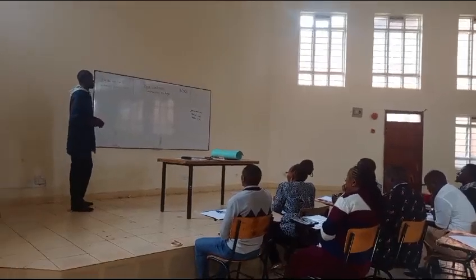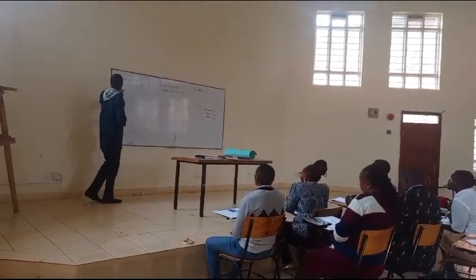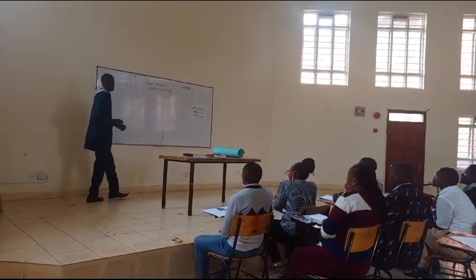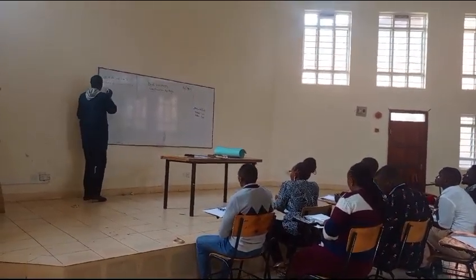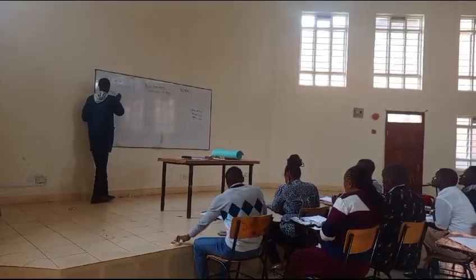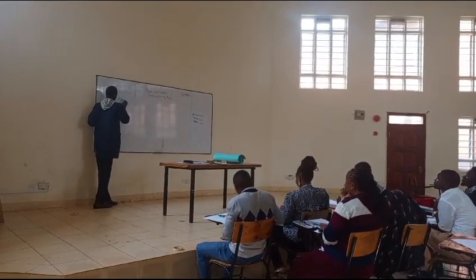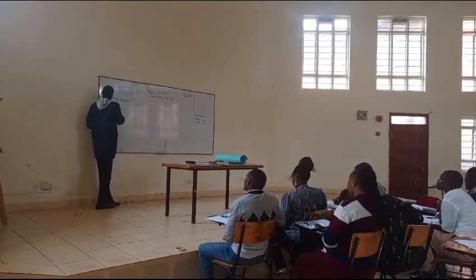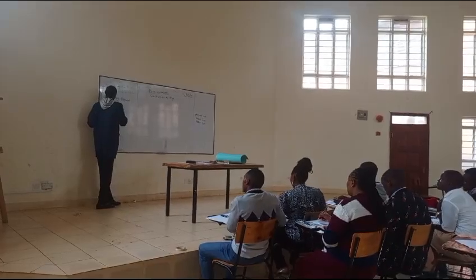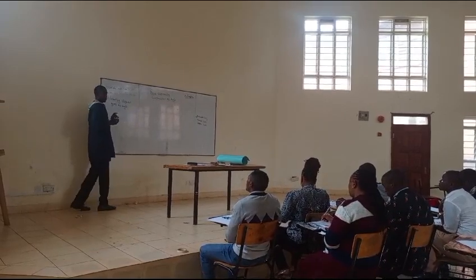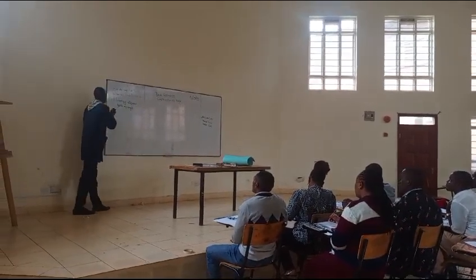Are we together? Now, at the end of this session, the first outcome is that you, as a learner, are able to identify different types of angles that you can construct.